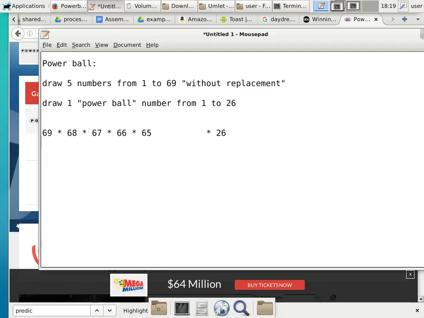How do we know that? Well, because the first one is 69. How does it have 69? Because I can have the ball of 1 as the first ball, I can have the ball of 2 as the first ball, I can have the ball of 3 as the first ball, I can have the ball of 4 as the first one, I can have the ball of 5 as the first one. But that means I can start with a 5, work my way down, 5, 4, 3, 2, 1.